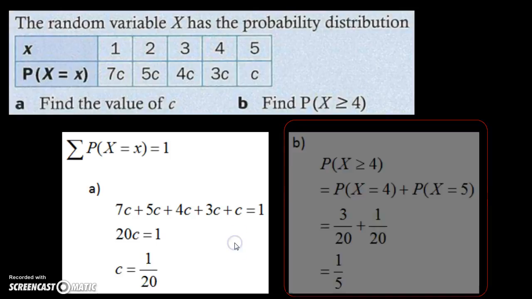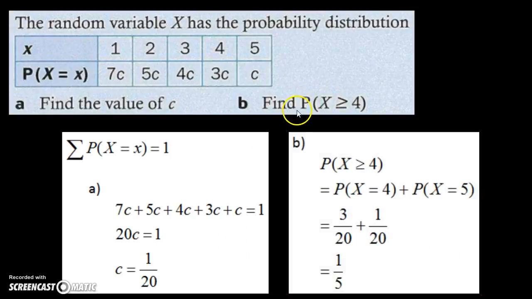That's it. Now for part B, they want us to find the probability when my random variable is greater than or equal to 4. Which means we're talking about this part and this part. Right, so we can have P of x equals 4 plus P of x equals 5. x equals 4 is 3C, and we just found that C is 1 over 20.